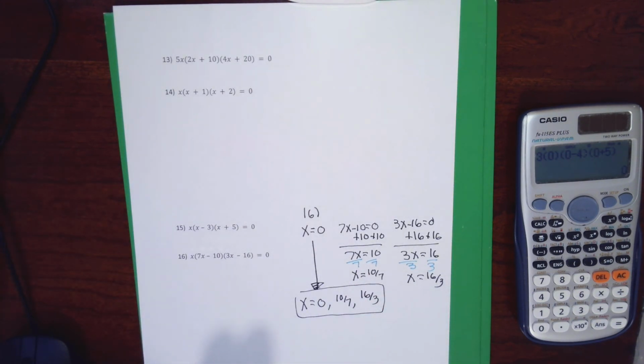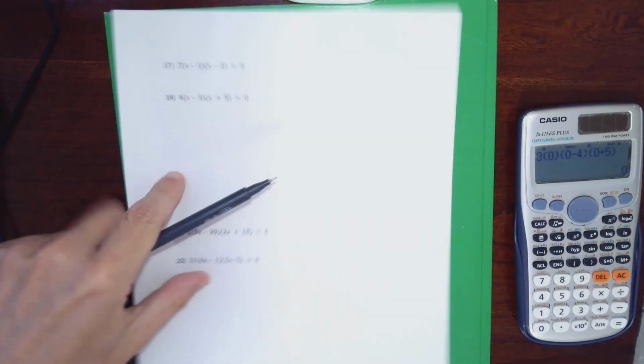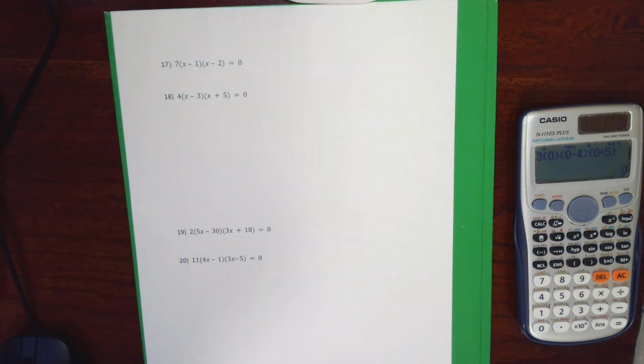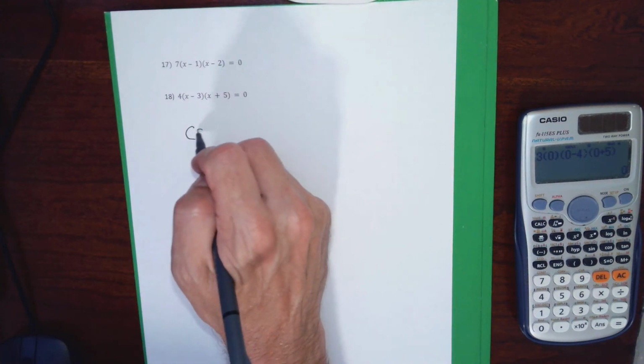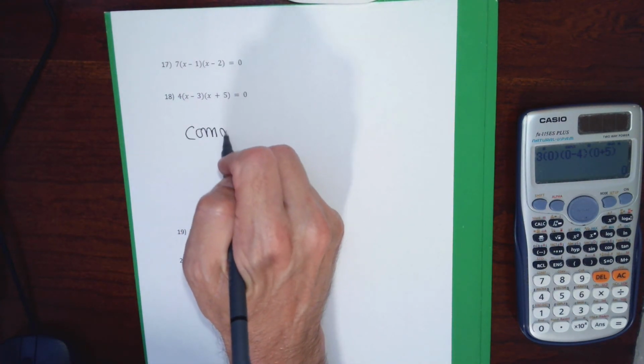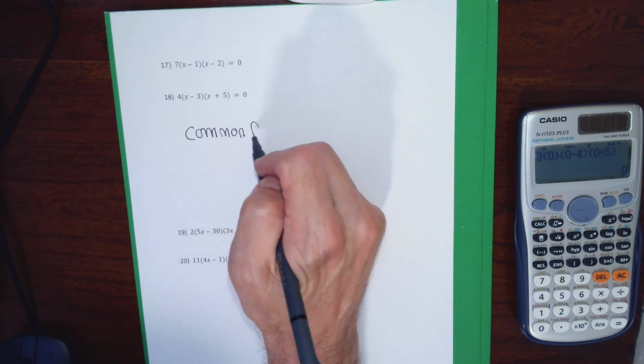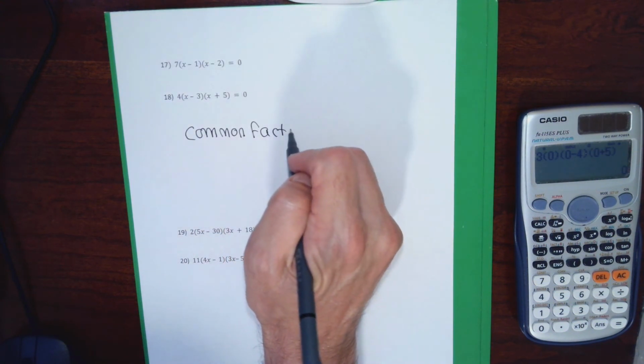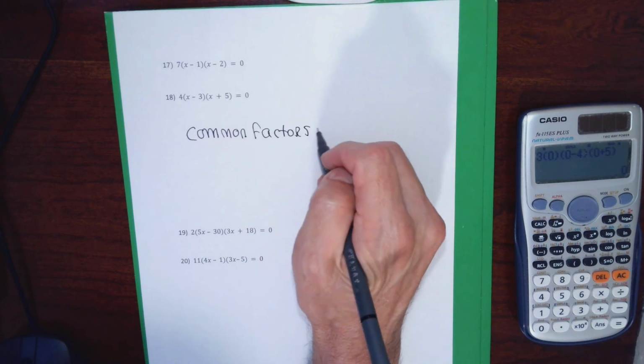Next trick, common factors that don't have an x don't give a solution. Problems 17, 18, 19, and 20 have a common factor. Common factors that are a constant, that would be a number without a letter.